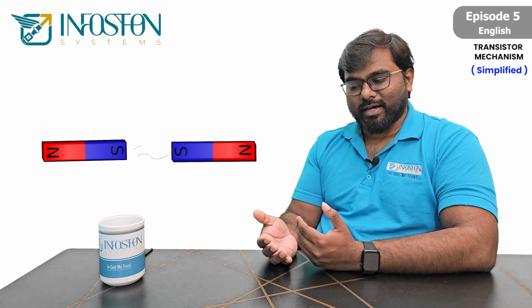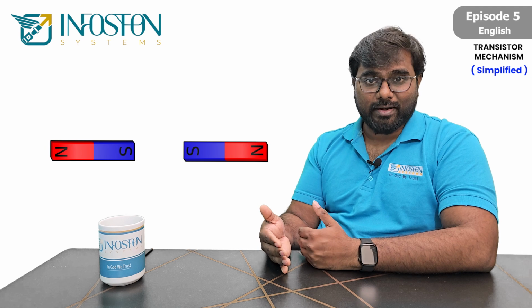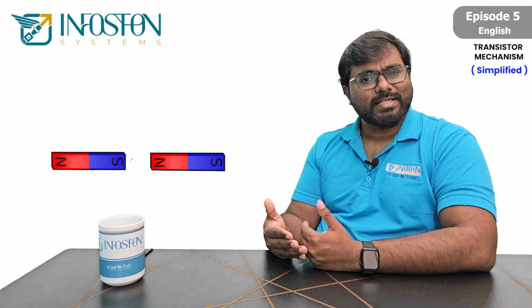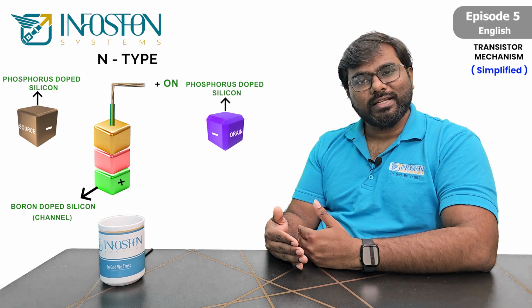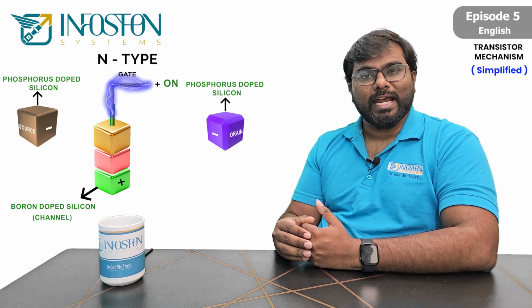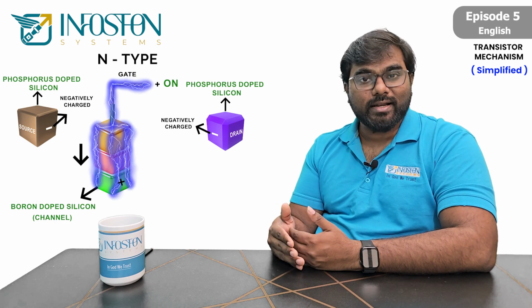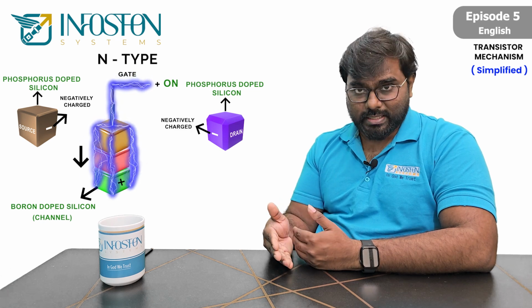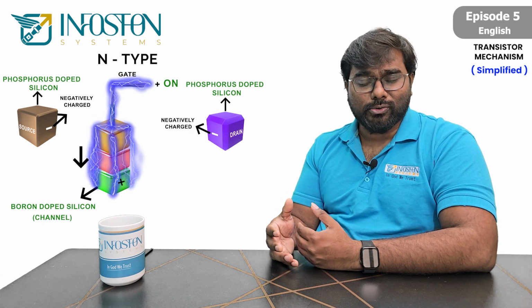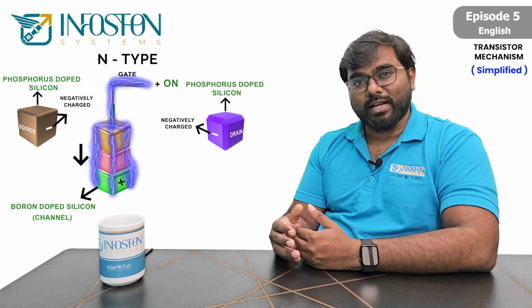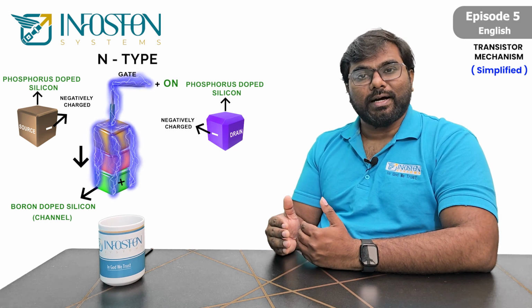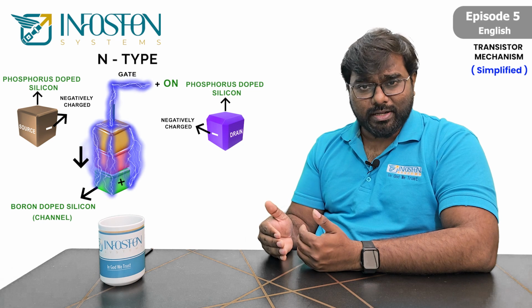We know that the same poles of a magnet repel each other, but opposite poles attract each other. Same concept here. When the gate receives the positive voltage, it will repel the channel, because the channel is made up of positively charged silicon, meaning it has extra holes. So repel means it will push the holes away, meaning a bridge will be created.